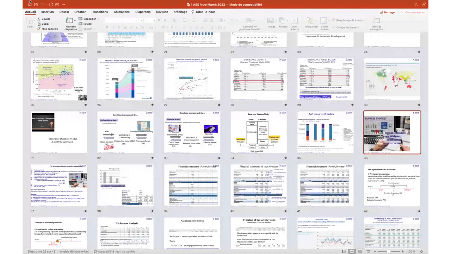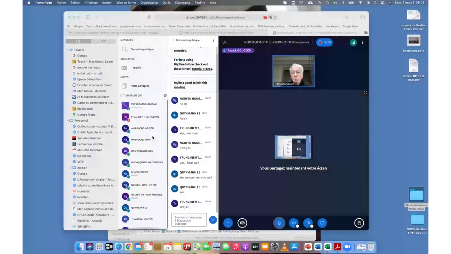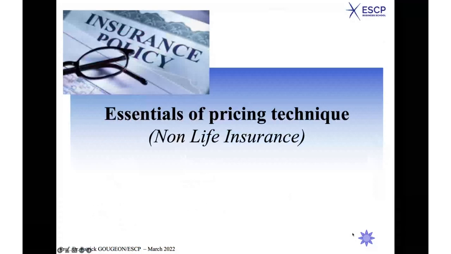Now we are going to move, as I said, to a sensitive point, which is insurance pricing, the essentials of pricing technique. Because if you remember well, we had an assumption of 72% for the loss ratio in our example, but what if it were 75% instead? That is just 3% more.